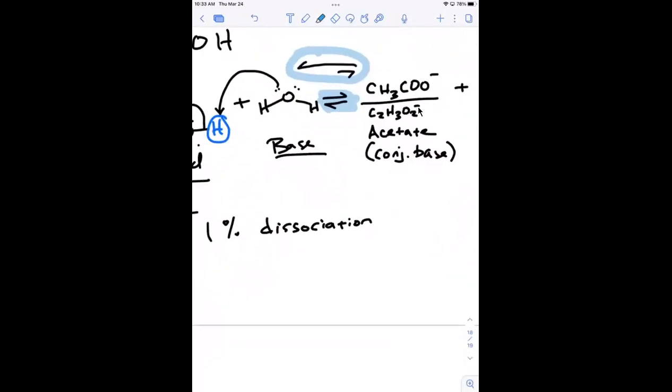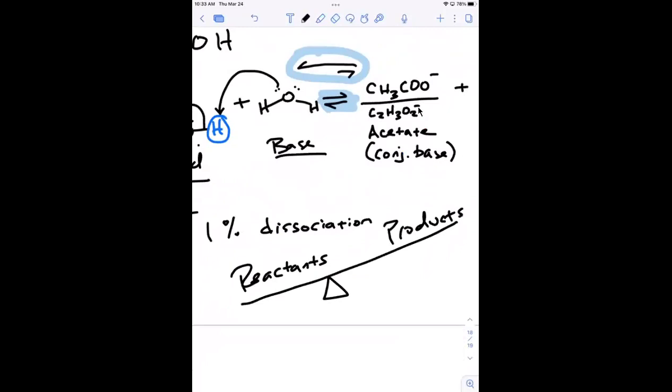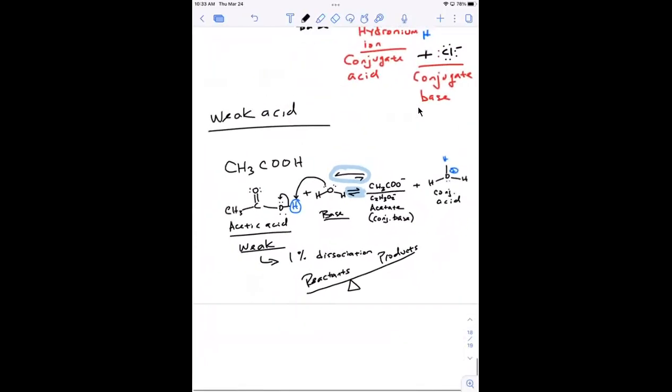So we think about this in terms of reactants and products. This particular equilibrium is going to favor the reactants. That's why the arrow going backwards is longer than the arrow going forward. It's really only about 1% of this that is actually going to dissociate.